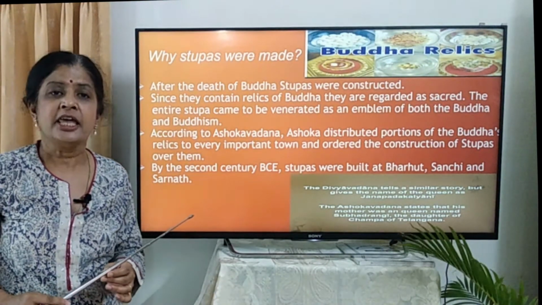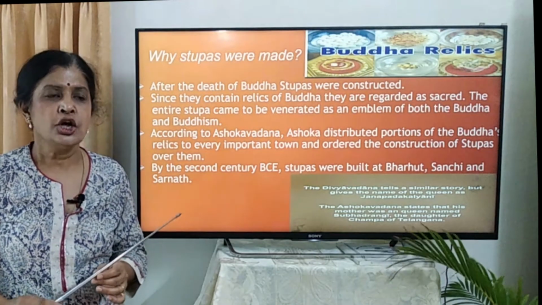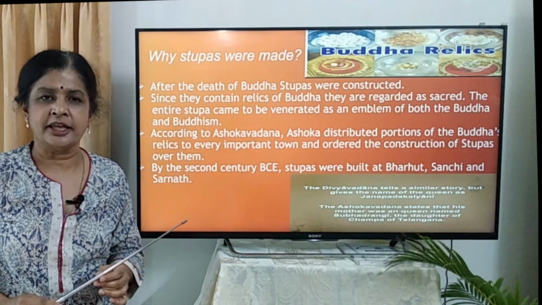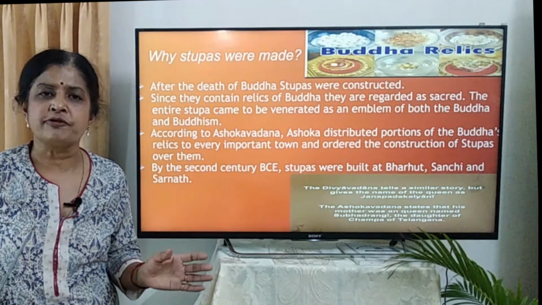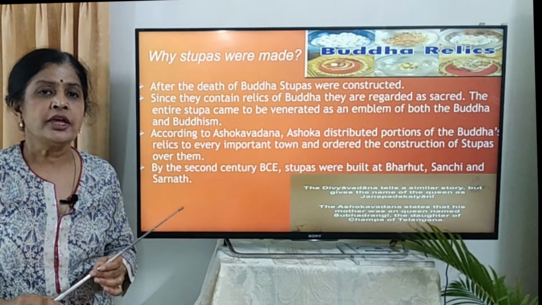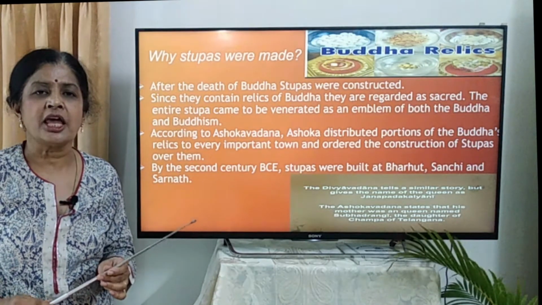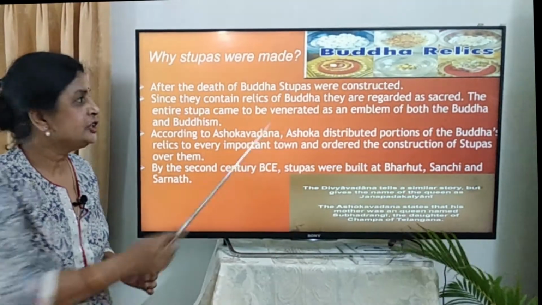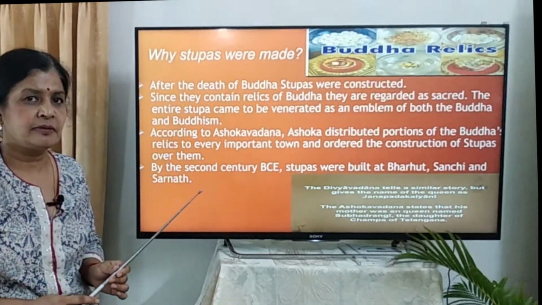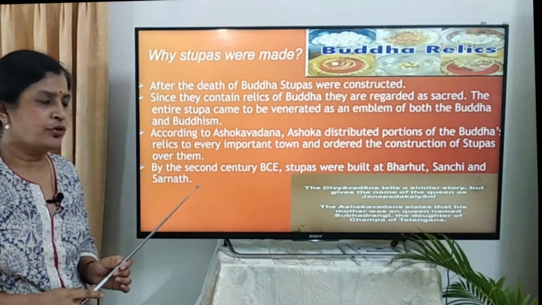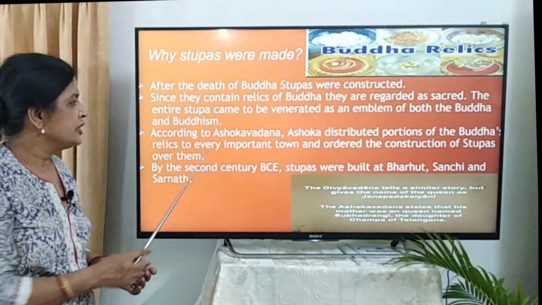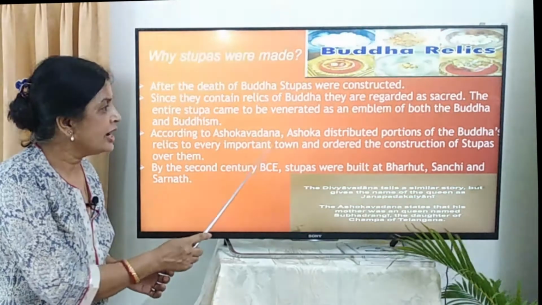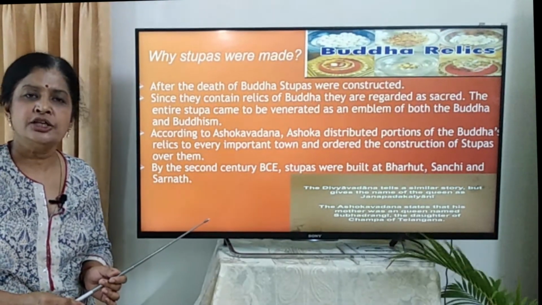He ordered the Dharma Mahamatras to go to various areas and make stupas over there at different parts or different cities. So he ordered the construction of stupas, which were mounds in which the relics of Buddha could be kept. This we also came to know through a book, the Ashokavadana, which describes Ashoka's decision to make these stupas.